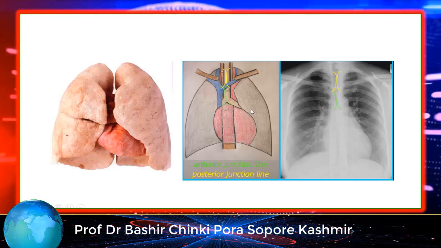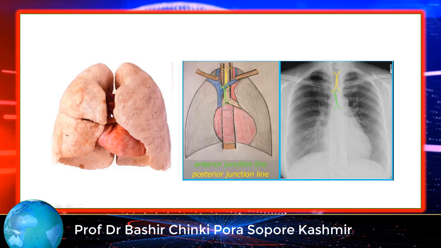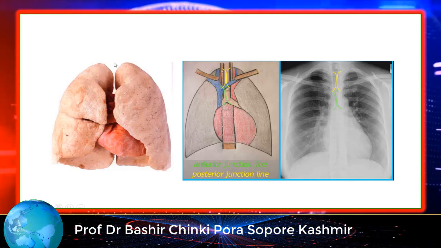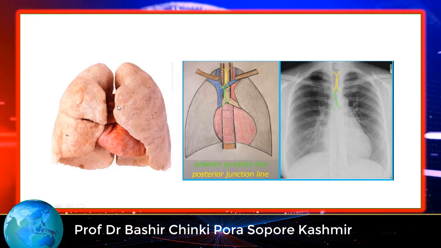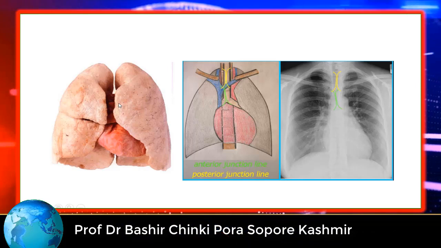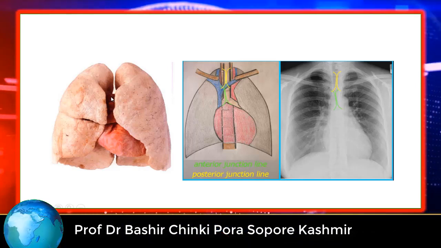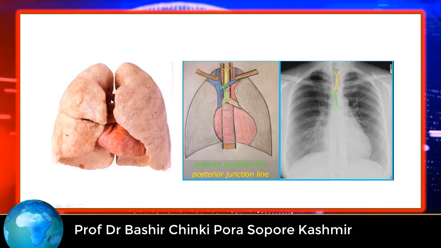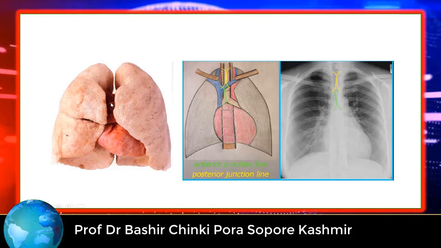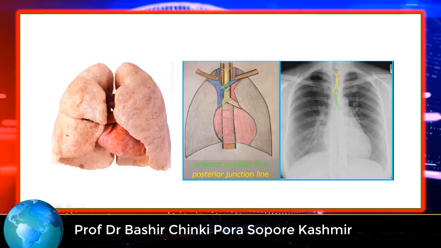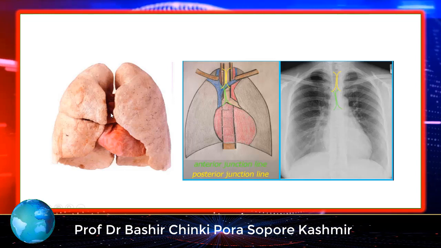Now if I show it on the X-ray, as I said, this is the anterior junctional line, and this is the posterior junctional line. The two lungs come close to each other anteriorly, and it forms a vertical slit-like appearance, a vertical intervening area which is called the anterior junctional line.